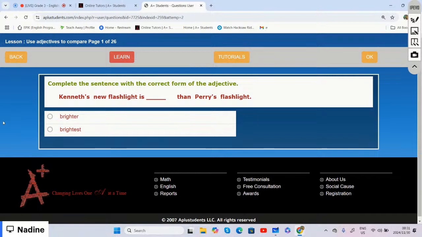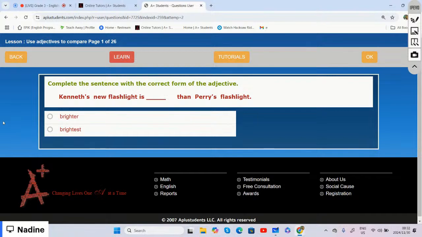All right, so now we need to complete the sentence with the correct form of the adjective. It says Kenneth's new flashlight is, do we say option one, brighter than Perry's flashlight? Or option two, brightest than Perry's flashlight?